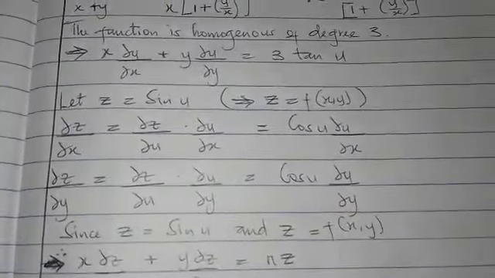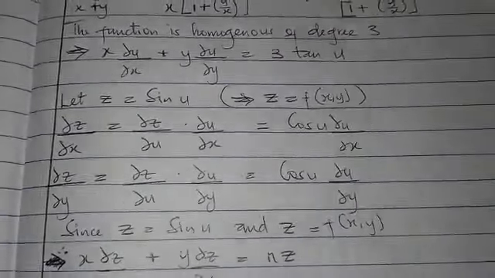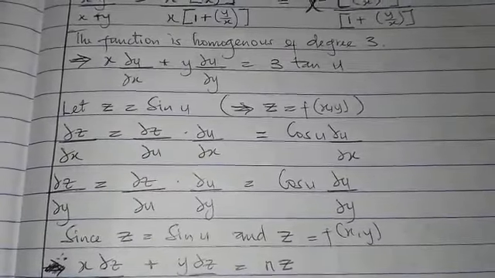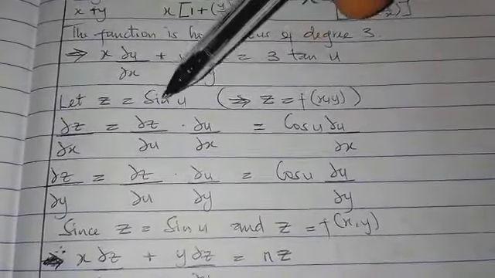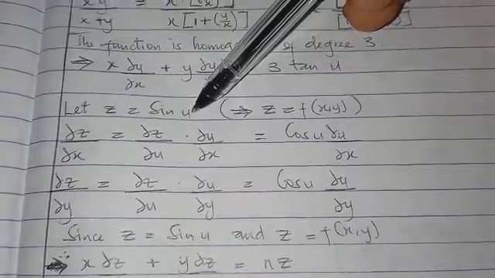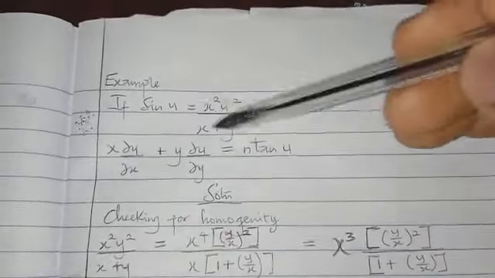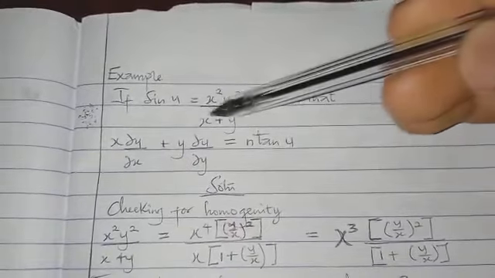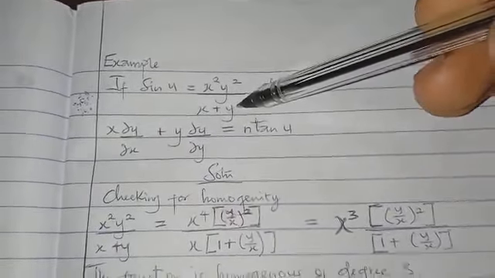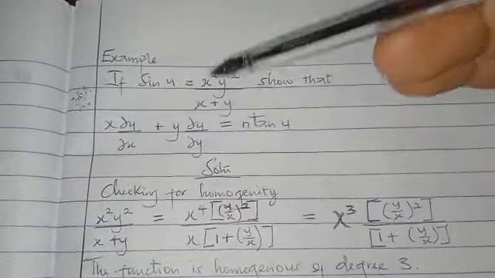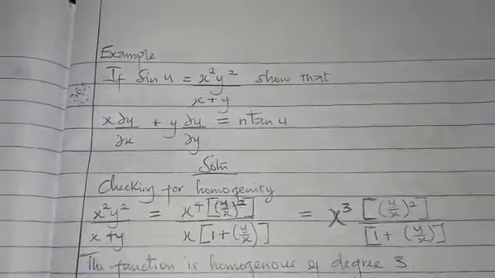So z can also be a function of x and y. You understand what I'm saying? z is equal to sin u, but sin u is equal to x squared y squared all over x plus y. So it means that z can also be equal to x squared y squared all over x plus y.